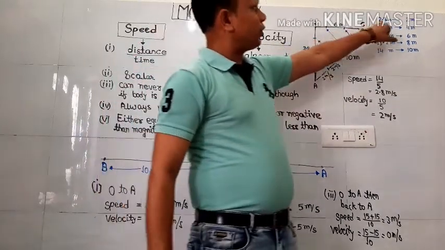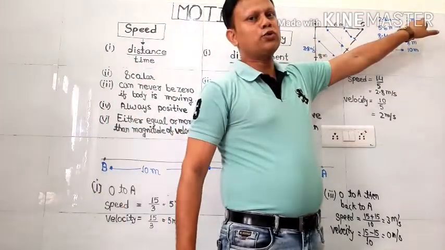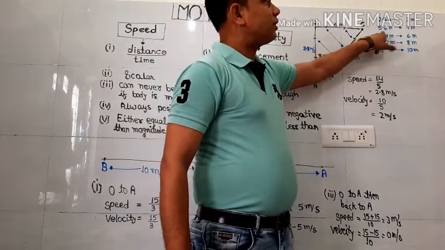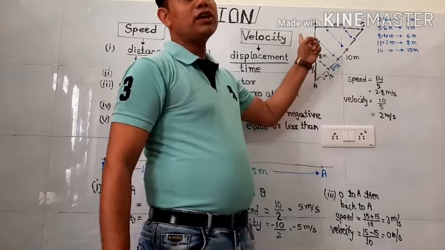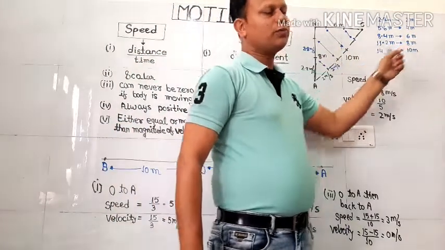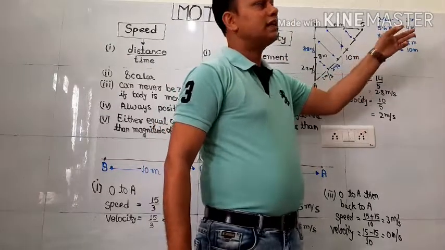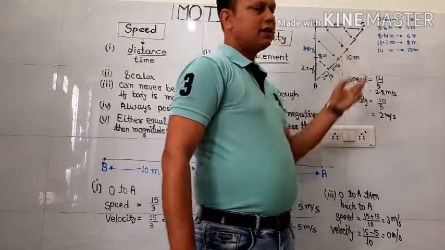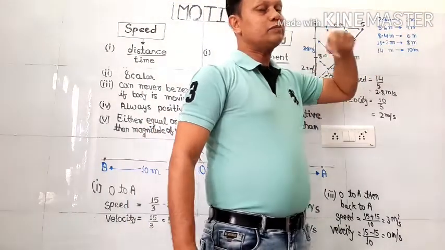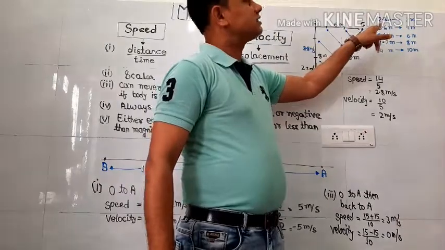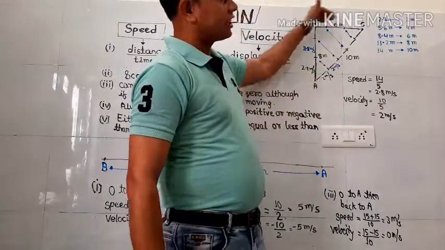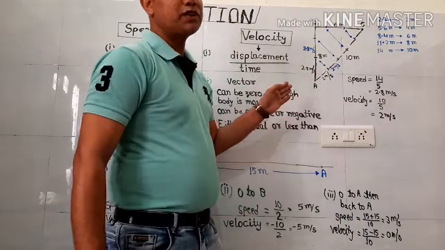So you can see 2.8 meters is equivalent to 2 meters from position A to position C. 5.6 meters on the actual path in 2 seconds is equivalent to 4 meters traveling directly from position A to C. Similarly, 8.4 meters on the actual path is equivalent to 6 meters from position A to C after 3 seconds.